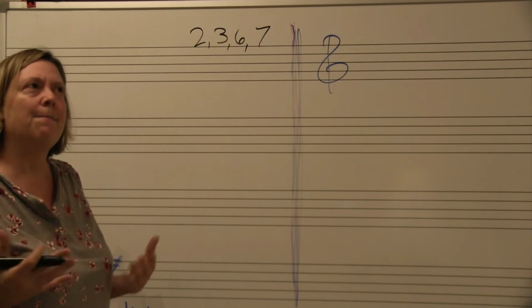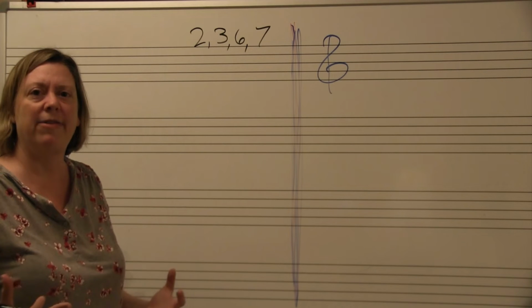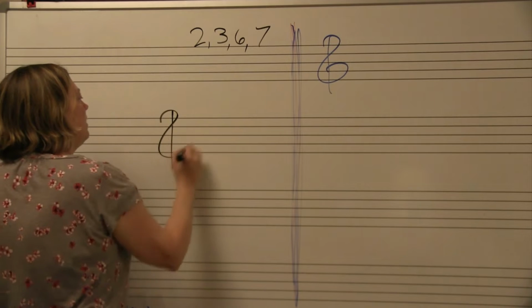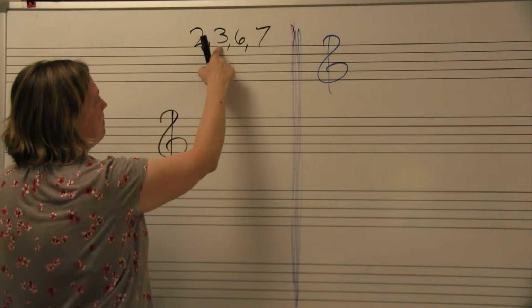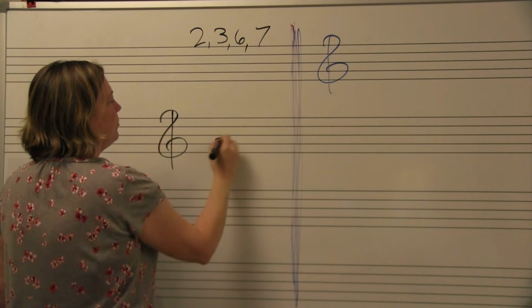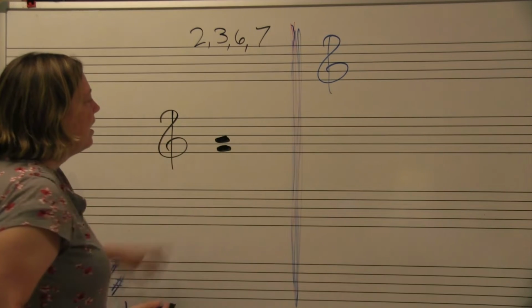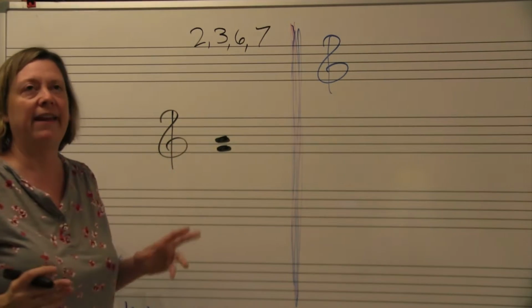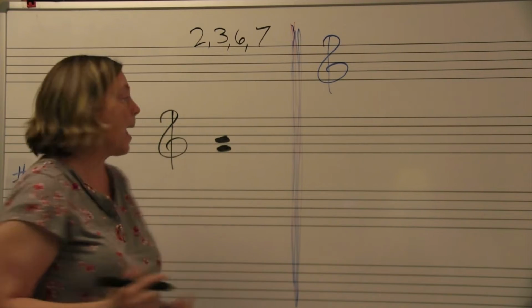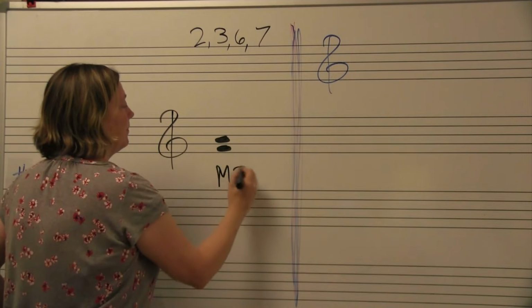So here's the sort of quick method of why an interval is what it is. Let's take a third. I'm going to say F to A. If the third contains, here's the fancy definition, 4 half steps, it will be a major third.